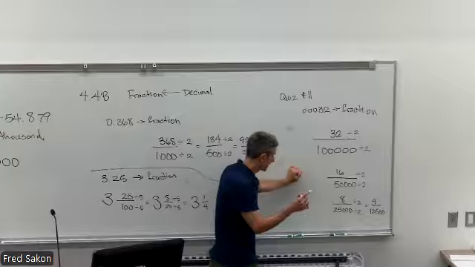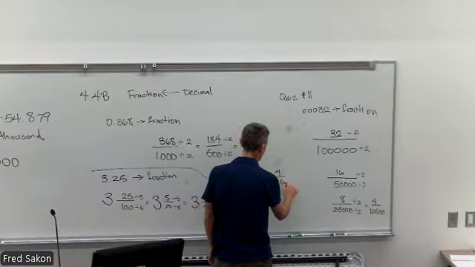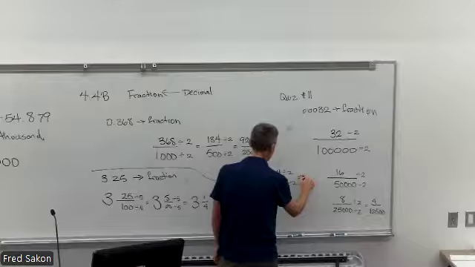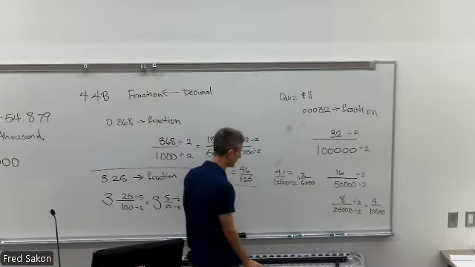And again, 4 over 12,500. Divide by 2 here. We get 2 over 6,250, right?